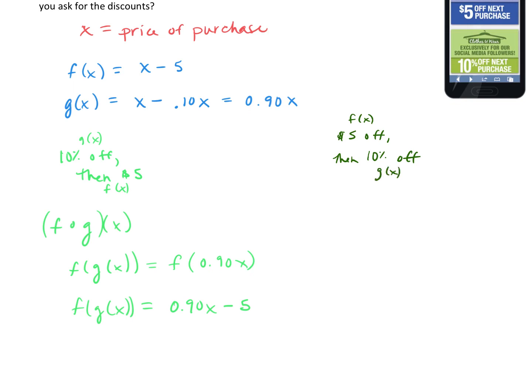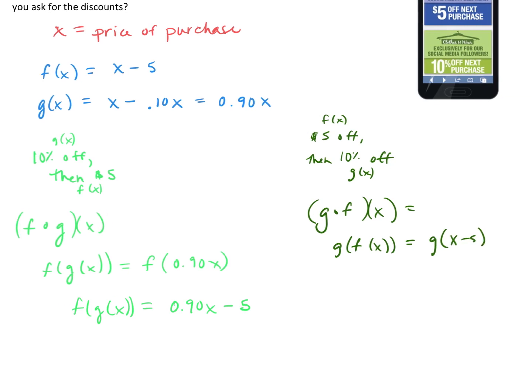So we want to do the f function first. So we're going to figure out g following f of x, or g of f of x. Our f of x function is x minus 5, so we're going to do g of x minus 5.